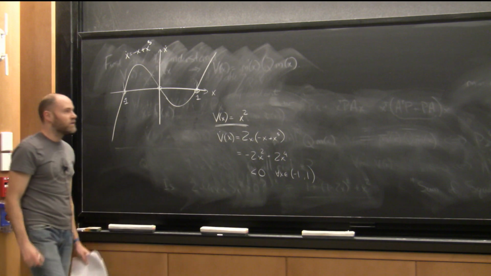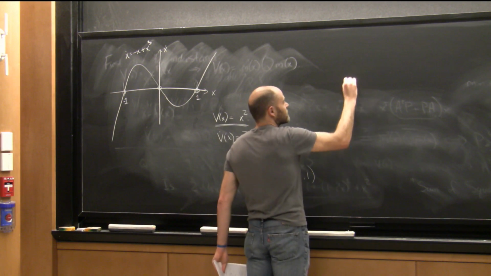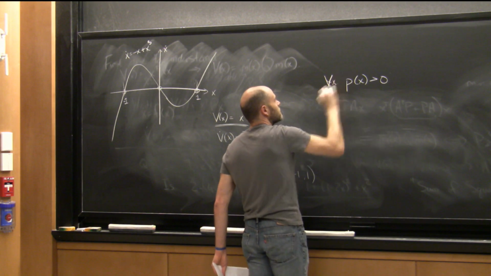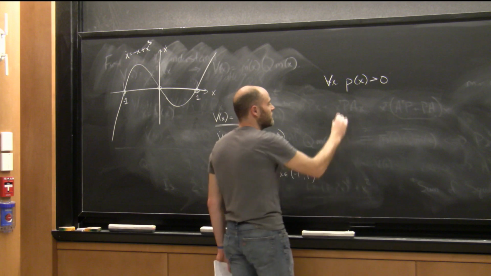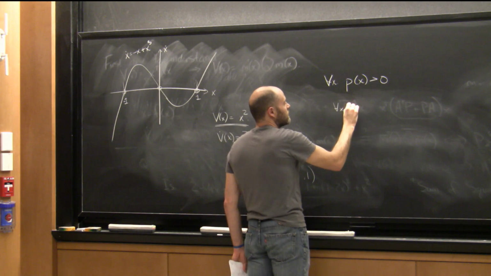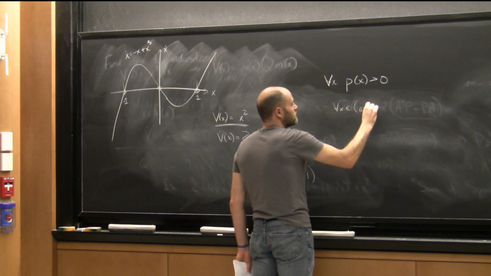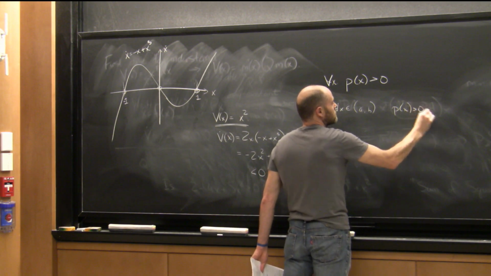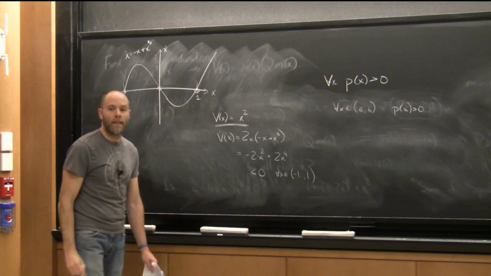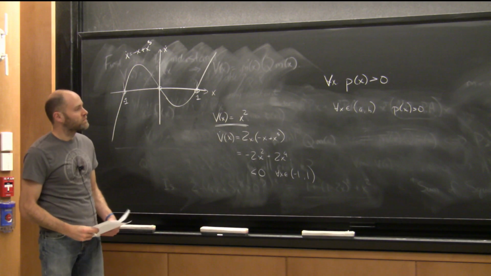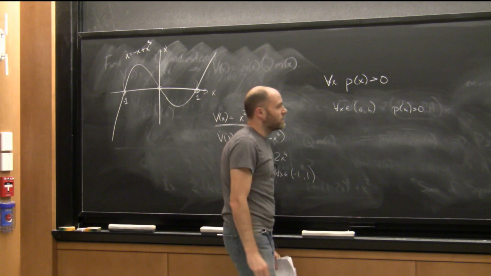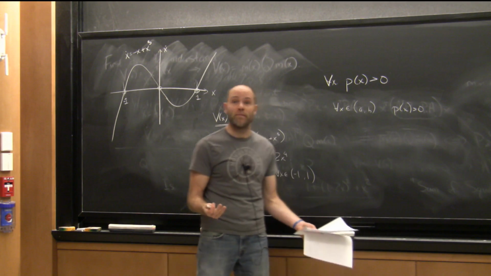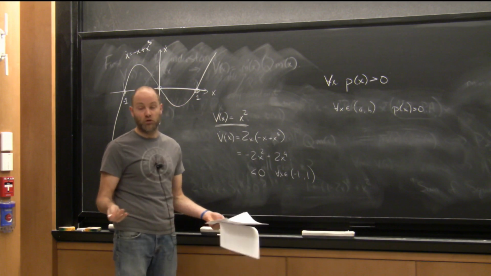Okay, so if you have the ability to ask, is p of x greater than 0 for all x, but you'd like to ask for all x inside some interval, let's say, how do you do it? There's a trick. It's like the trick from constrained optimization, the Lagrange multipliers tool.